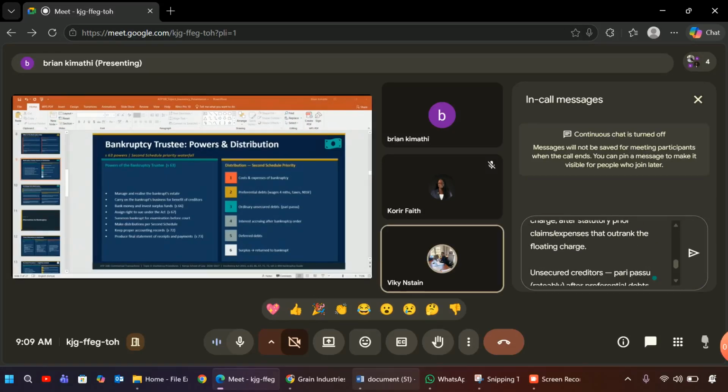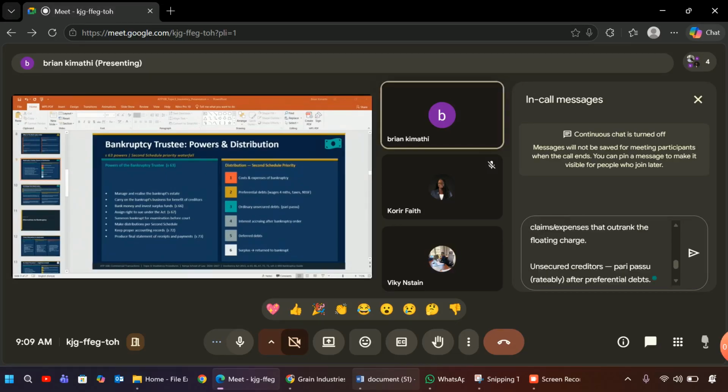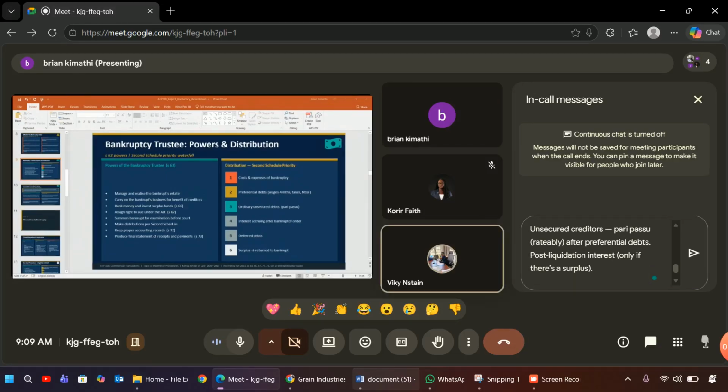Then we have said that unsecured creditors ina run pari passu as per rates venye you'll explain after preferential debts, then post liquidation interest only if there is a surplus, hiyo hapo ulisema vizuri. Then lastly itakuwa shareholders or members being the last any surplus after liabilities watu wame incur.